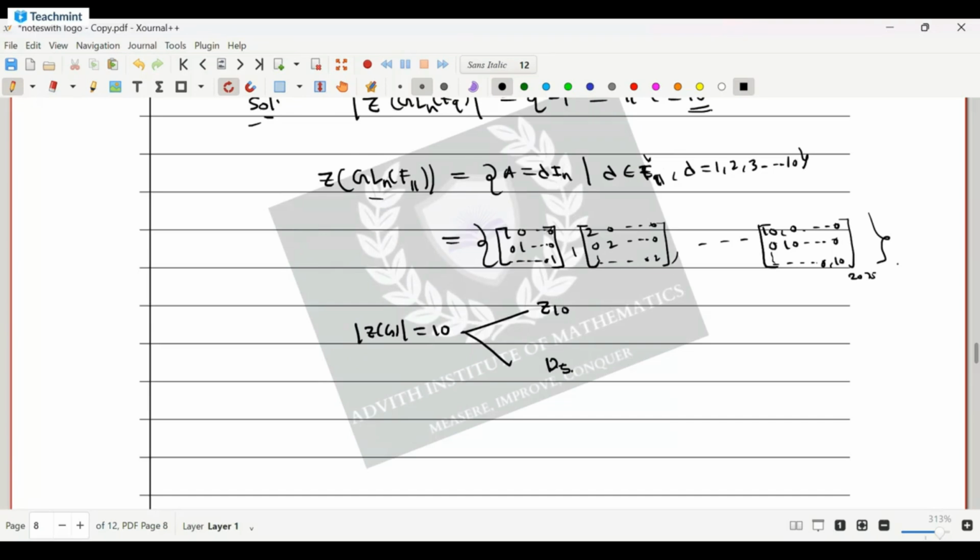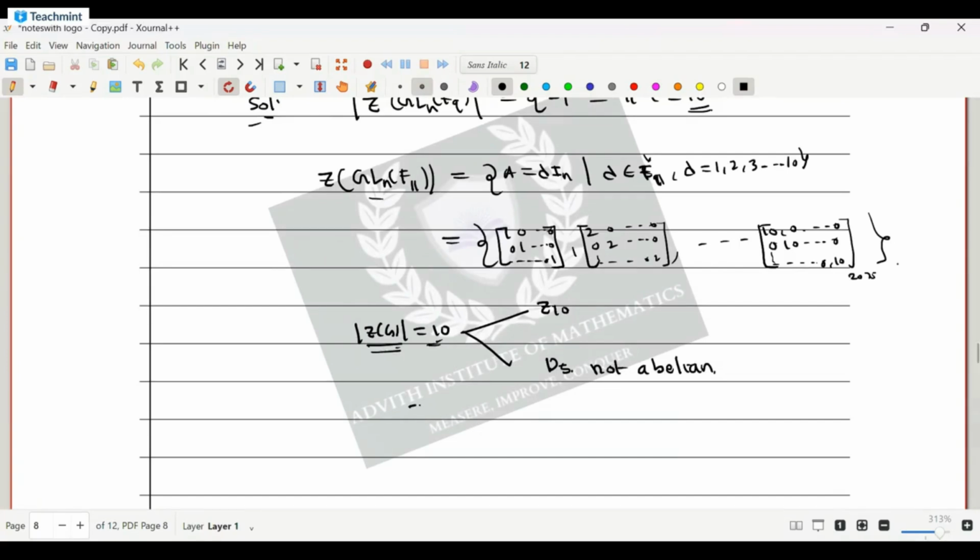But Z of G is always abelian, so D5 is not abelian, sir. D5 is not abelian, but the center of a group is always abelian. So therefore Z of G is isomorphic to Z10.